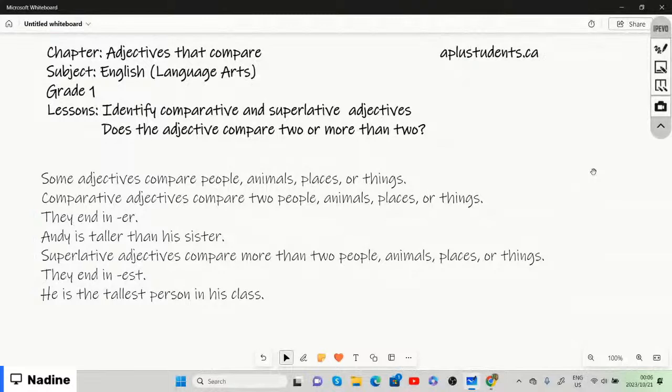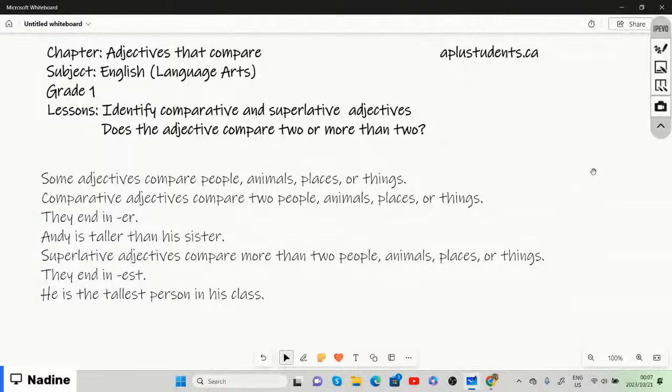So what are adjectives that compare? Some adjectives compare people, animals, places, or things. When it comes to adjectives that compare, we have comparative adjectives and we also have superlative adjectives.